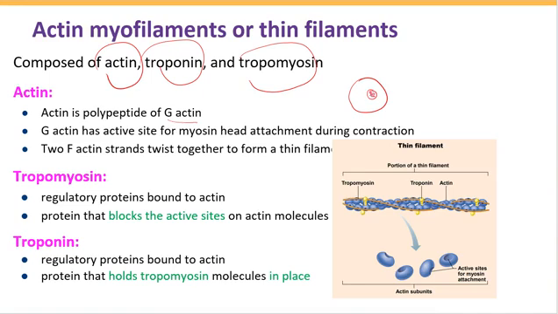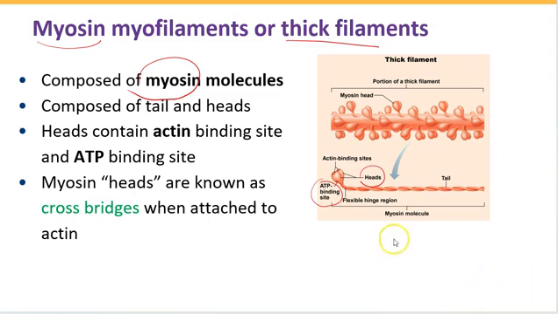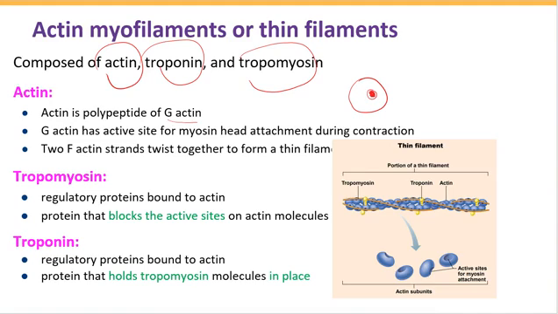On the actin, we have the binding site for myosin, and on the myosin head, we have the binding site for actin, which is showing that during muscle contraction, the myosin should bind to the actin, which is going to make a cross bridge. This connection between the myosin head and actin is called the cross bridge. Okay, let's continue.